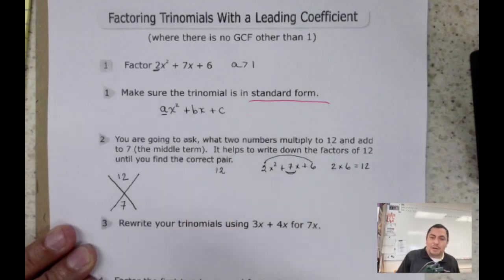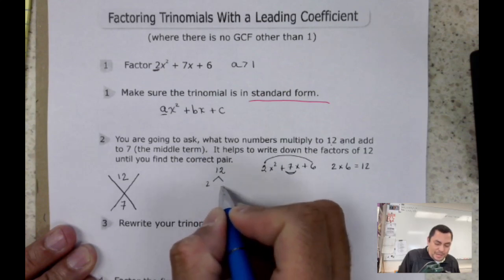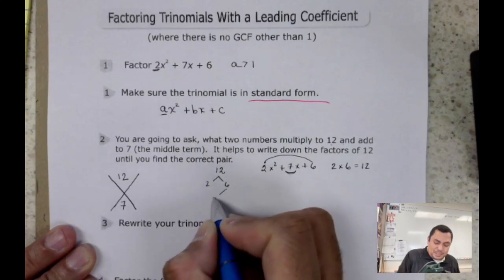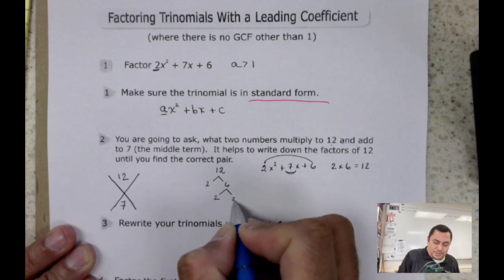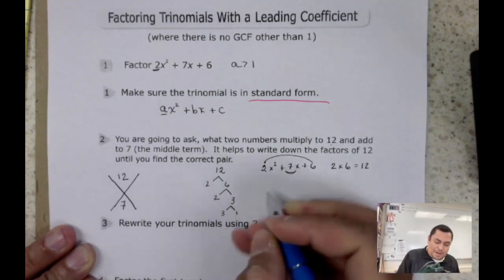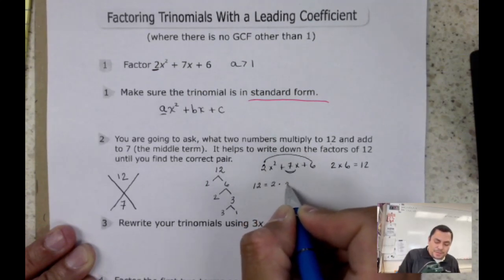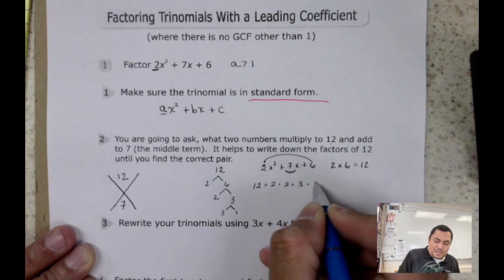So you put 12, and divide by the smallest prime number, in this case 2. 12 divided by 2 is 6. 6 is still divisible by 2, which gives 3. And 3 divided by 3 is 1. So the factors of 12 are 2 times 2 times 3 times 1.